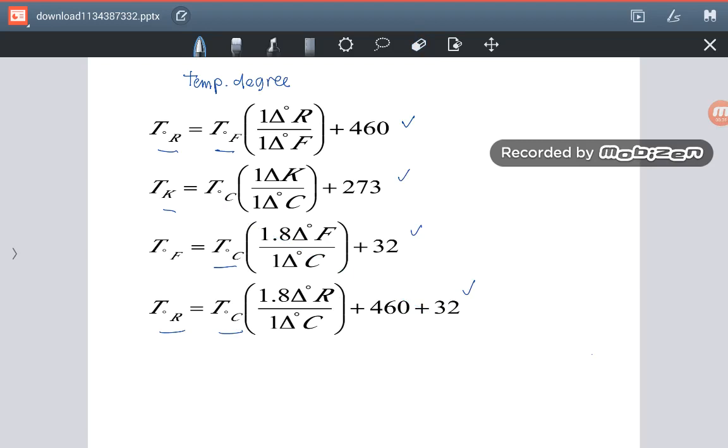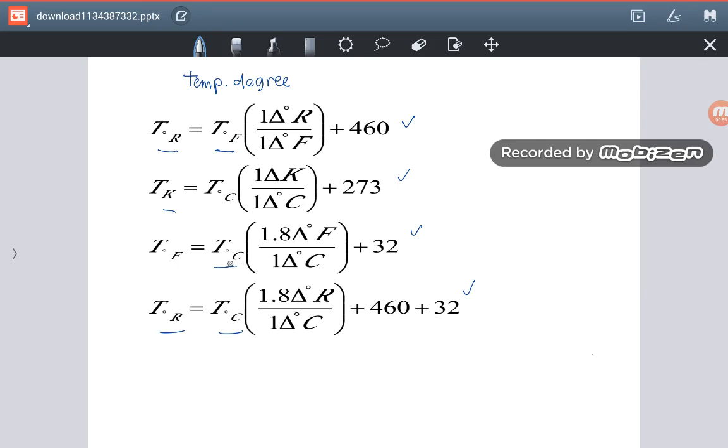Can you see here, from Fahrenheit to Rankine, there's no multiplication of the temperature difference because of the same system of unit.